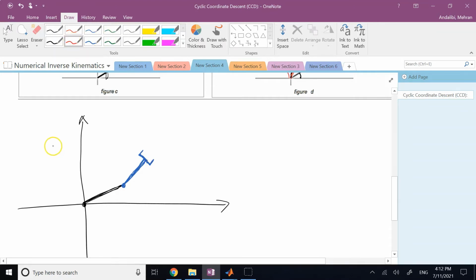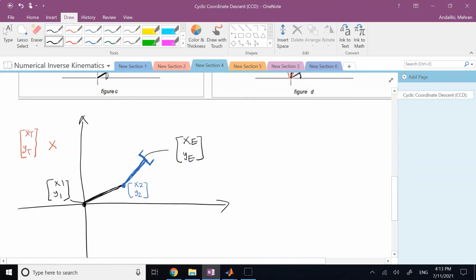This is my target point, so I can call it X target and Y target. Joint number 2, I call X2 and Y2. Joint number 1, I call X1 and Y1. And the current location of the end effector, I call X end effector and Y end effector.